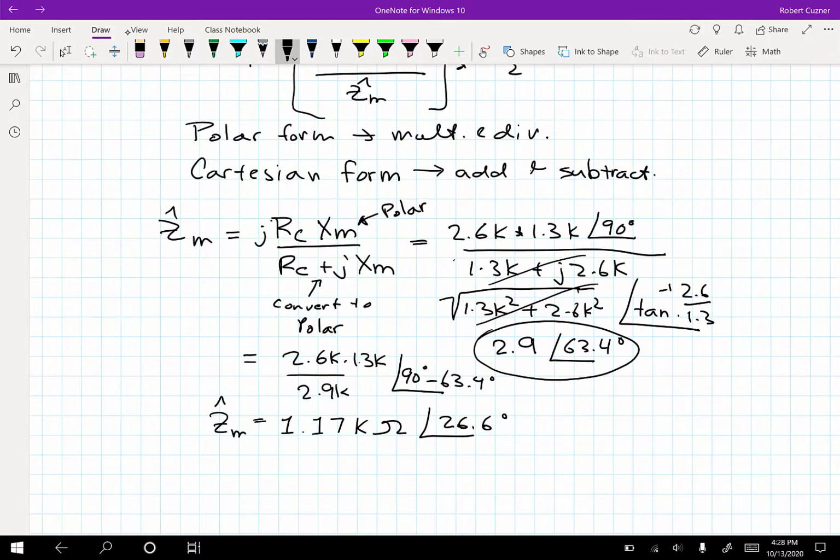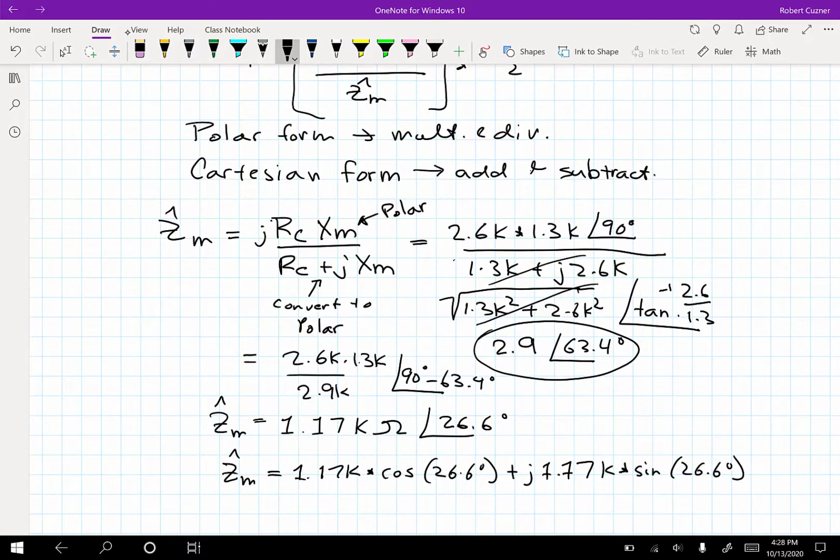So there's your polar. Let's make our Cartesian. That's going to be 1.17k cosine 26.6 degrees plus j 1.17k sine 26.6 degrees.